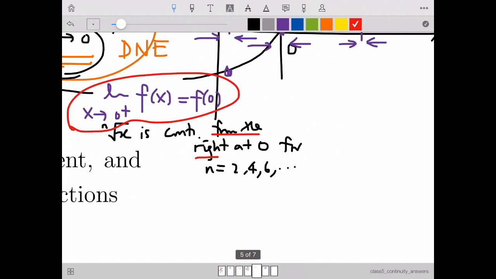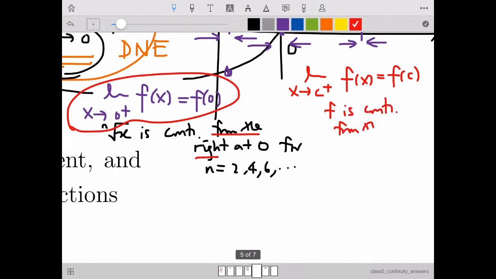We say if the limit as x approaches c plus of f of x equals f of c, we say f is continuous from the right at c. Now if it is c minus, then we say f is continuous from the left at c.